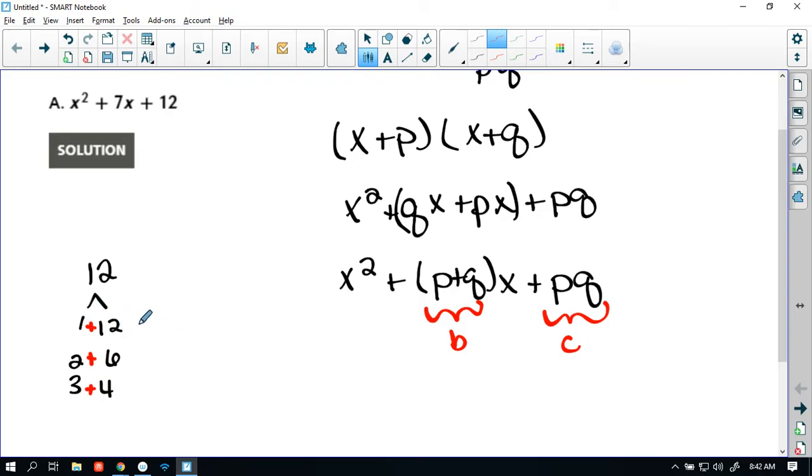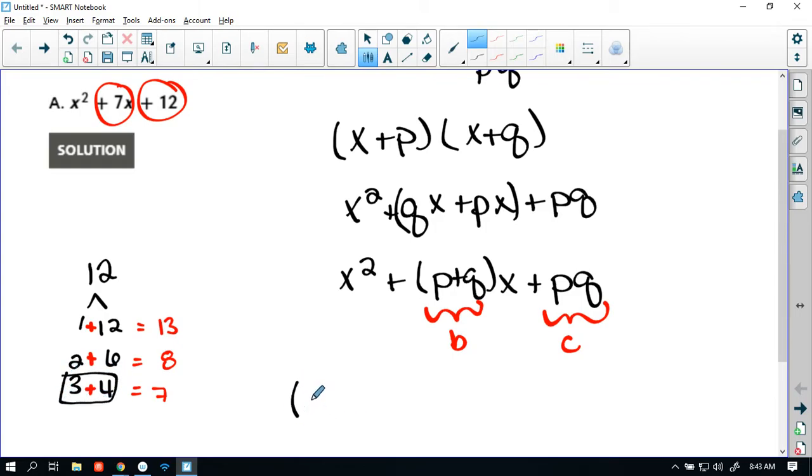So 1 plus 12, well, that's 13. 2 plus 6, that's 8. And 3 plus 4 is 7. So we now need two of these that will give me this guy being added and this guy being multiplied. The only one that does this is 3 and 4.